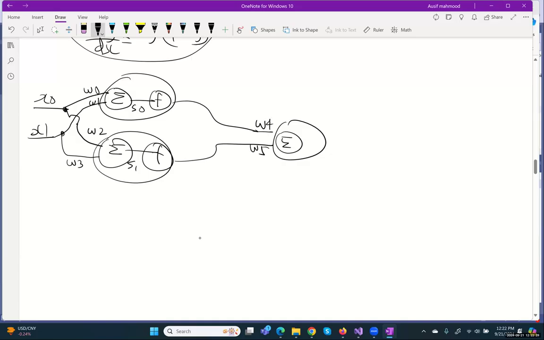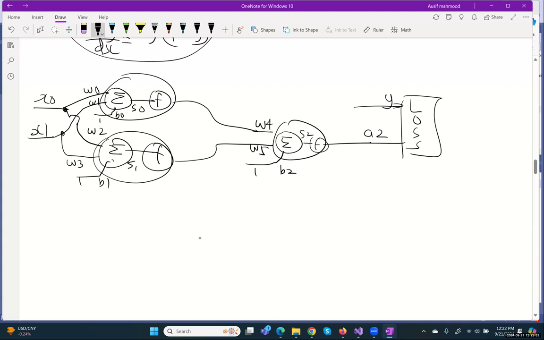W4, W5, B2, B0, B1, A2, S2, and the loss between Y and L. And L is 0.5 times (Y minus A2) squared, right?